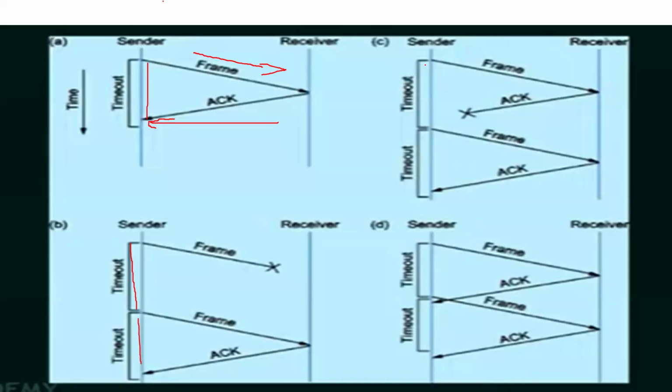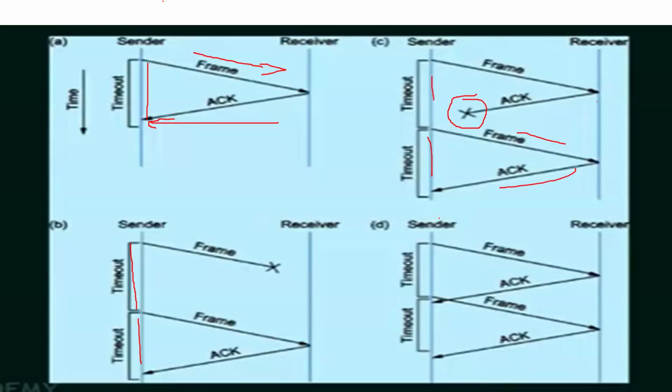In the same way, the sender has sent a frame to the receiver, but the acknowledgement failed from the receiver side. So again the sender has to retransmit the frame, and he has to wait until the receiver sends the acknowledgement. Here there is a timer.